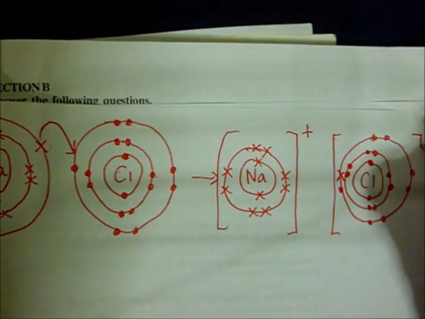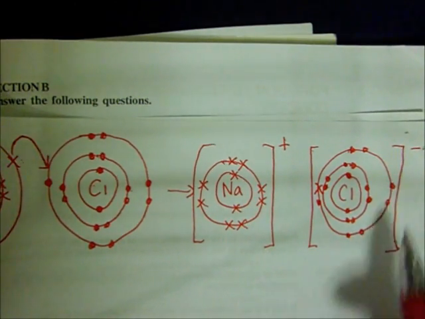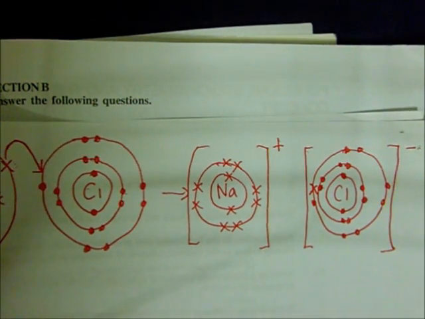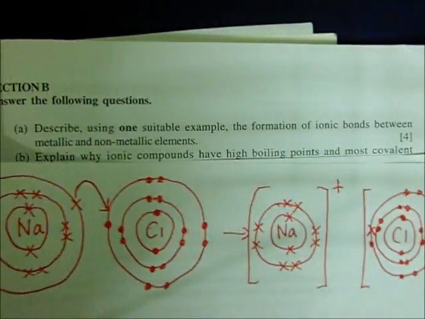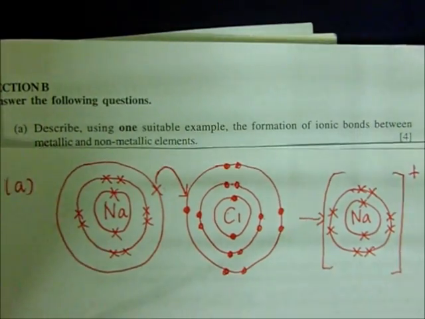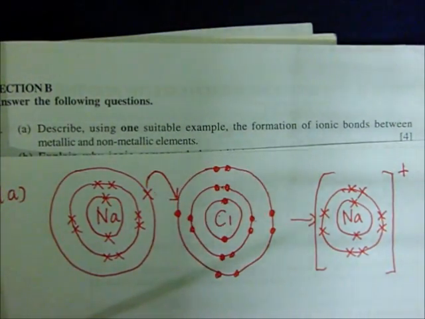Okay, and after gaining the extra electron, it will become chloride ion with the charge of 1 negative. Okay, so using this drawing, you can describe. So how do you describe?